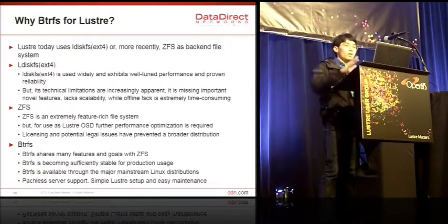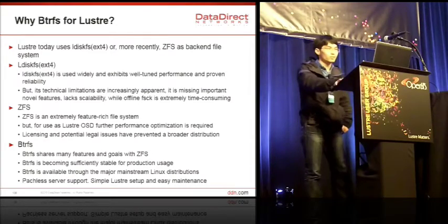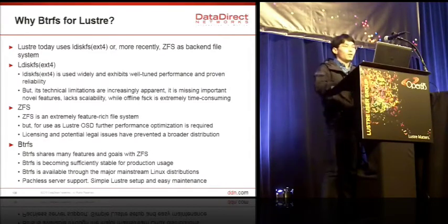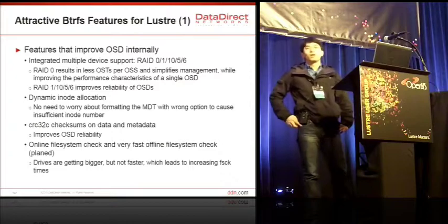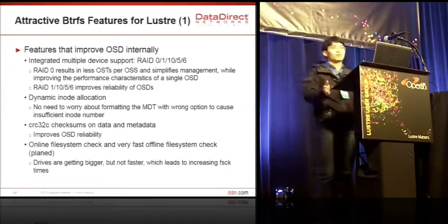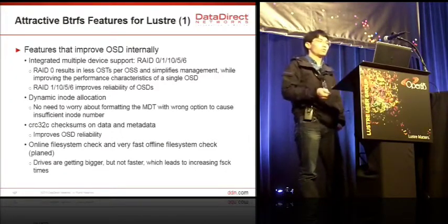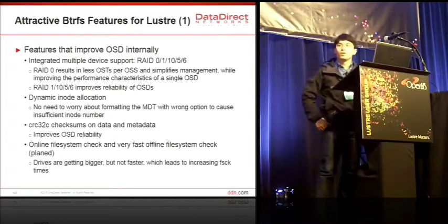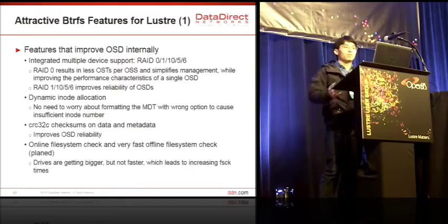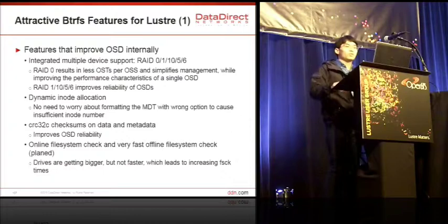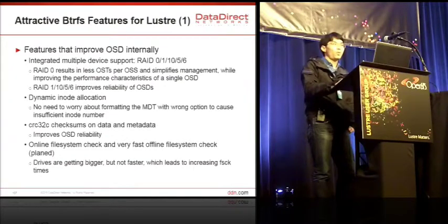And we can get Btrfs from a lot of major mainstream Linux distributions. We want to use Btrfs for Lustre mainly because Btrfs has a lot of good features. Some features can improve the OSD internally. For example, the integrated multiple device support.